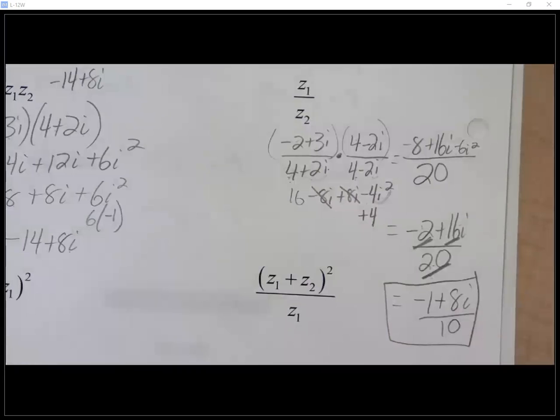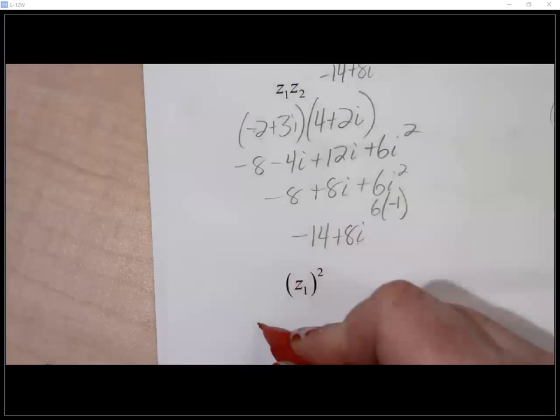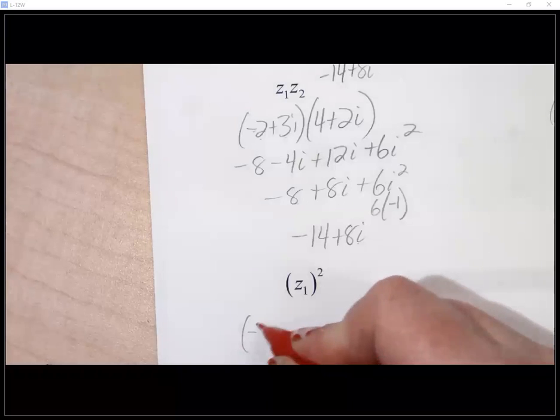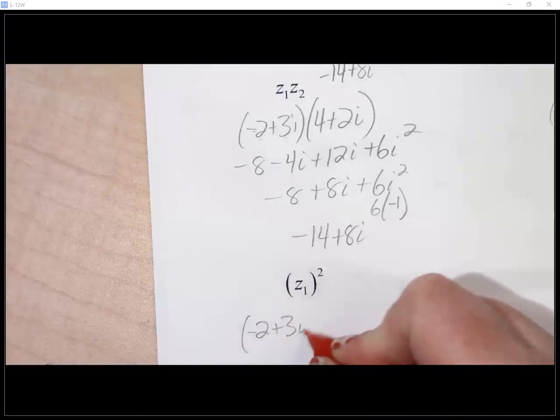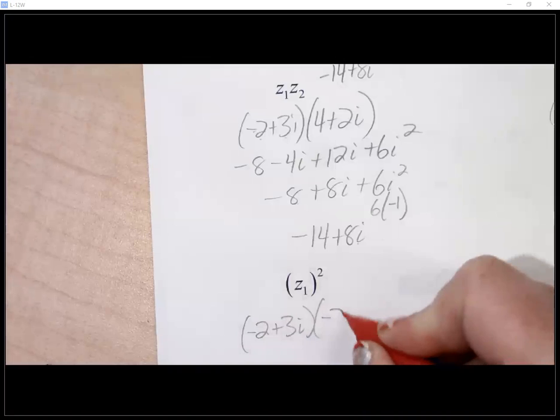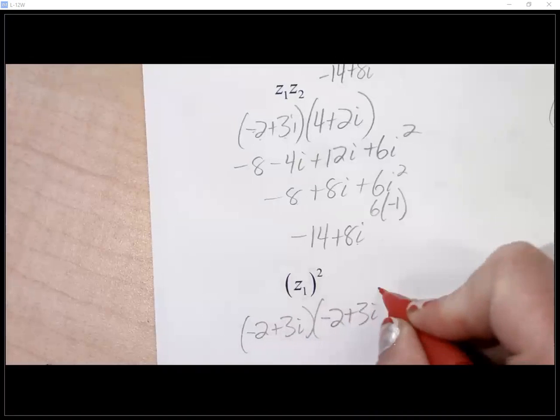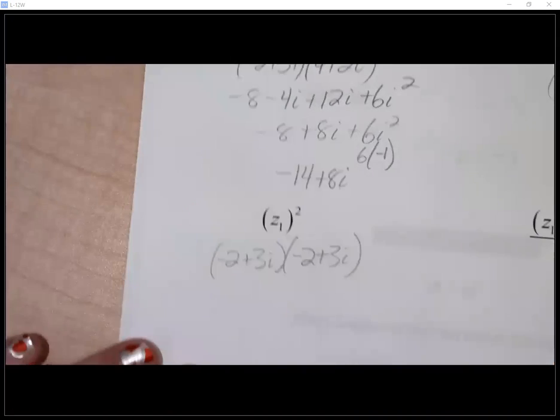We're all right? Try Z1 squared. I like to write it out. I like to see it. That one shouldn't be too bad.